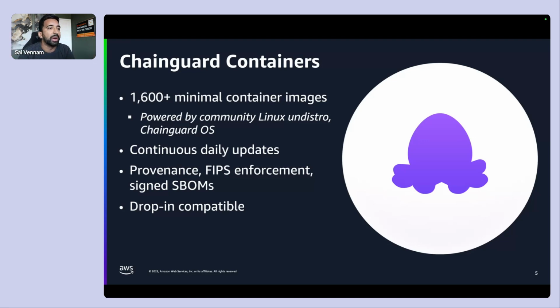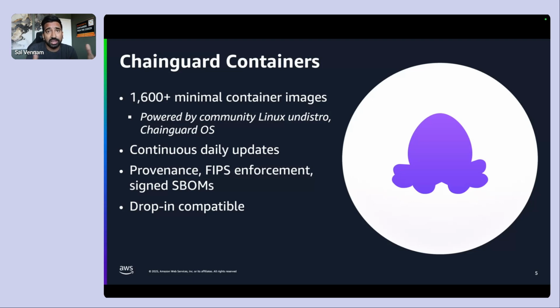So Chainguard containers are powered by an undistro, essentially a really lightweight Linux distribution that they call Wolfi. They get very close to zero CVEs, or sometimes zero CVEs, through daily updates.